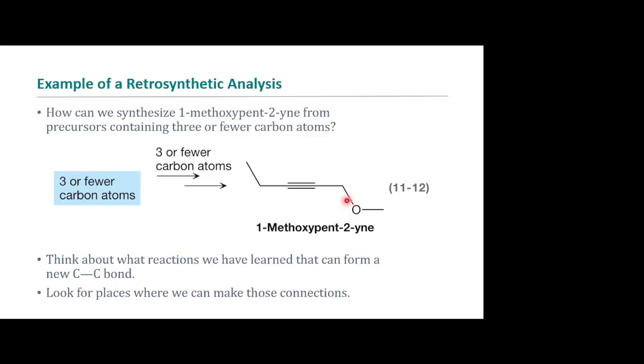So we're probably going to have to use some sort of combination, because we don't have anything with 1, 2, 3 here, and then that'll be 4 for the triple bond. 1, 2, 3, and then we have another one here. So we're probably going to have to use a combination of the 2 things we had talked about.